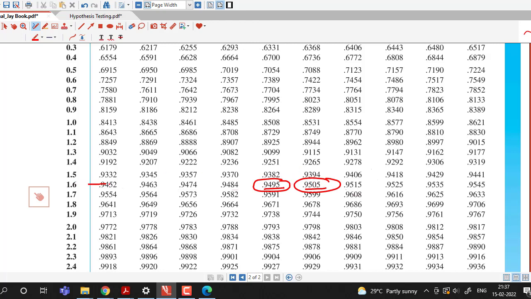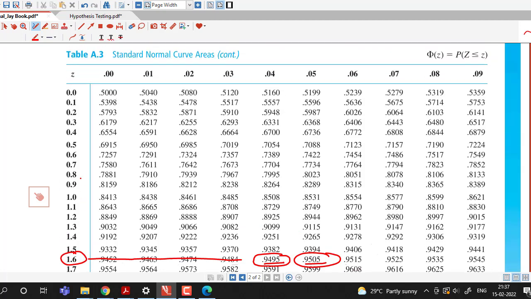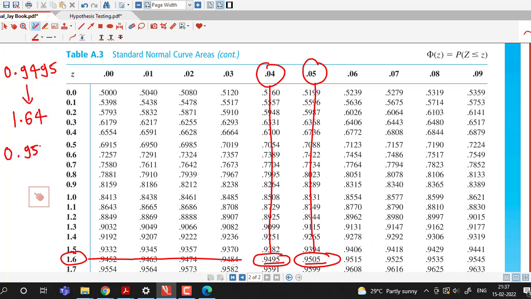So in this row the value of z is 1.6 and we have to search for these values. For 0.9495 we have 0.04 here, and for 0.9505 we have 0.05 here. So the value of z corresponding to 0.9495 is 1.64 and the value of z corresponding to 0.9505 is 1.65.